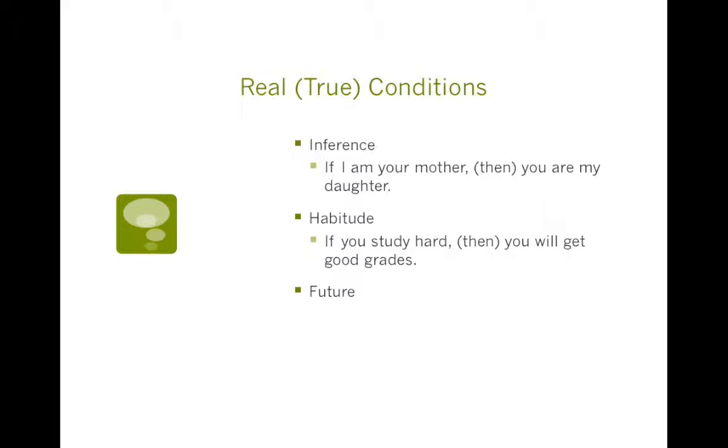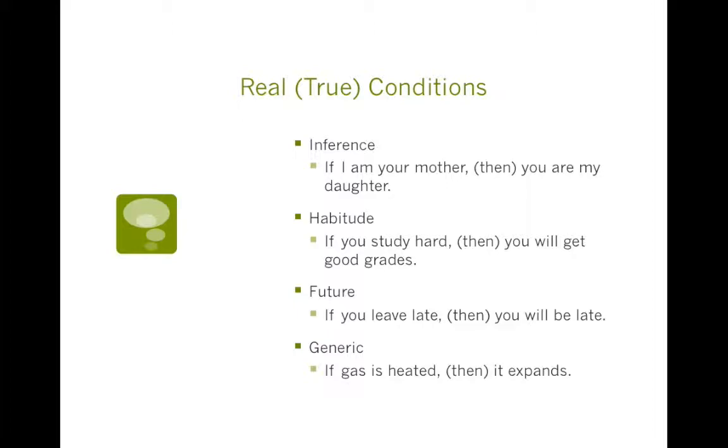And then we have future. Future expresses plans or probable events, things that are going to happen in the future. If you leave late, you will be late. Okay? And generic. Generic expresses those scientific truths. So if gas is heated, it expands.